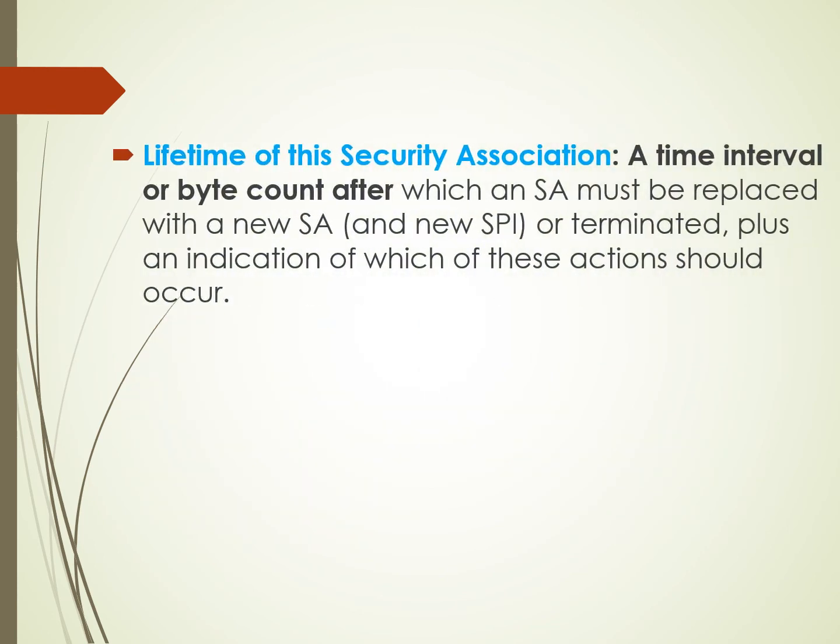Another parameter stored in the security association database is the lifetime of the security association. When the security association is established by the client, whether a sender or a receiver, it has some lifetime. For example, we have a lifetime for a passport or driving license, right?